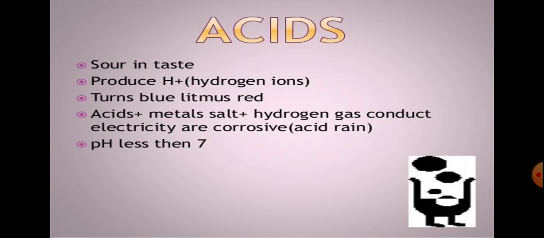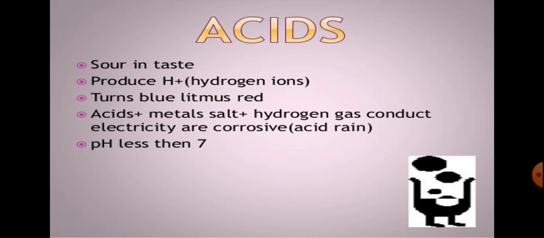Lemon appears to have a sour taste, meaning khata. Understood? And the sour taste of lemon is due to the presence of acid in it. Which type of acid is present in lemon, which gives it sour taste? That is called citric acid.